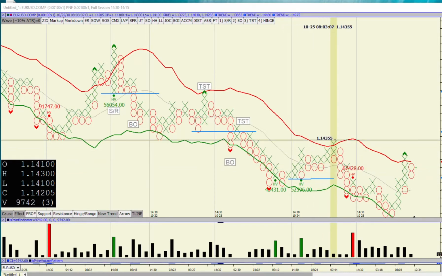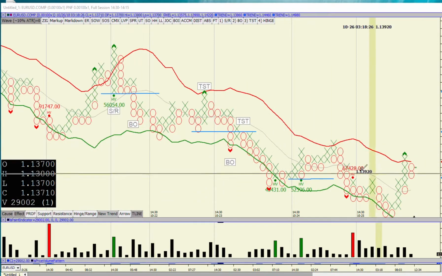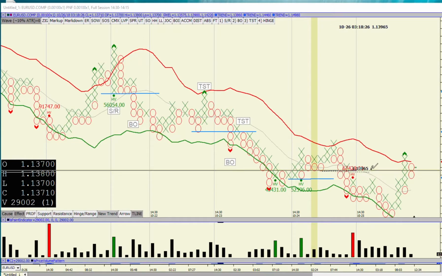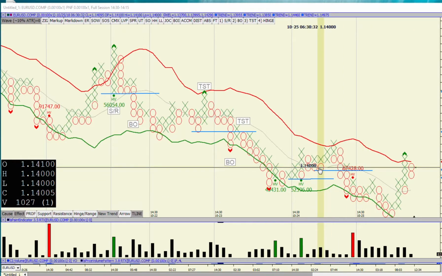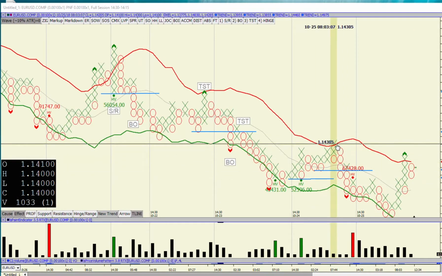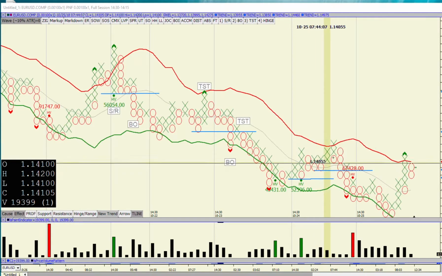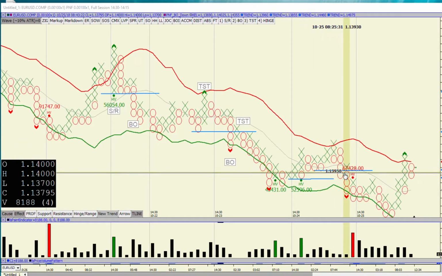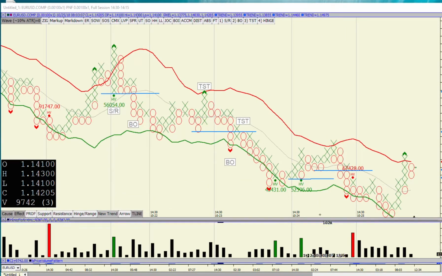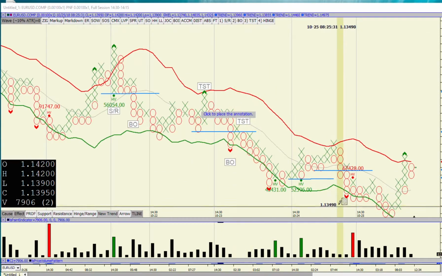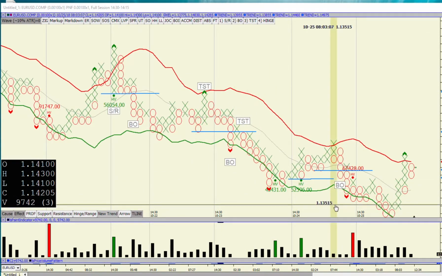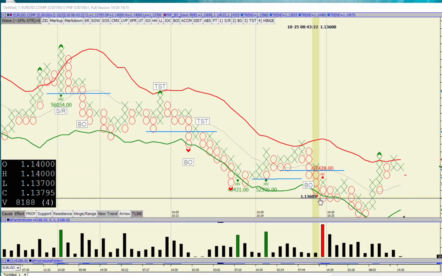Why is the reaction low before the high? That's basically where demand came in to make a higher high. Okay, so what happens? That level of support is broken right there. So there's your breakout. Then it goes lower.